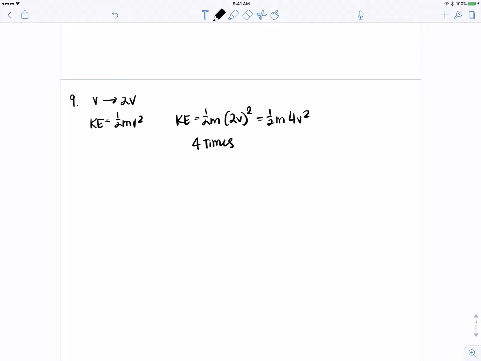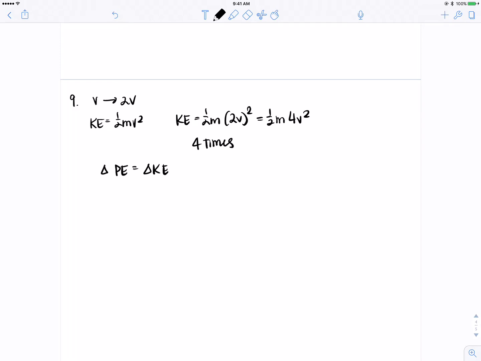Okay, well, since we're saying that energy is conserved, the change in PE equals the change in KE, or the potential energy at the very top when KE is 0 equals the kinetic energy at the bottom when PE is 0.